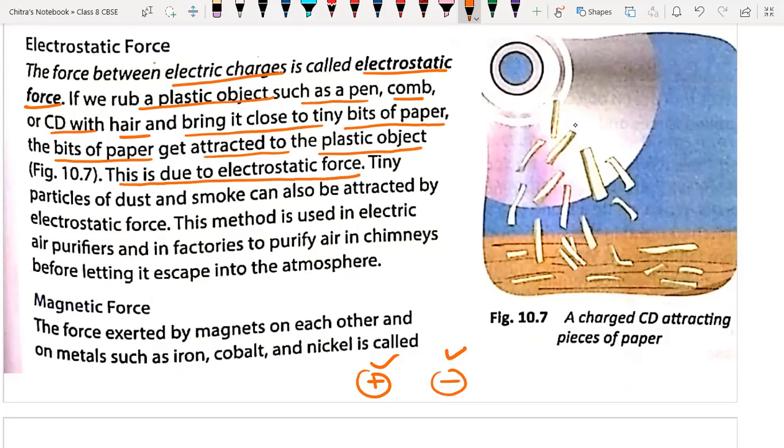Just remember, when we rub that CD or comb or plastic, the bits of paper are attracted toward it. Tiny particles of dust and smoke can also be attracted by the electrostatic force.